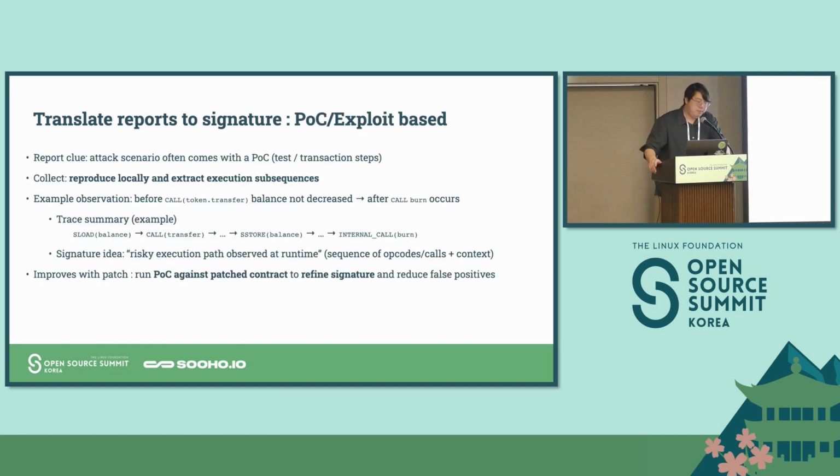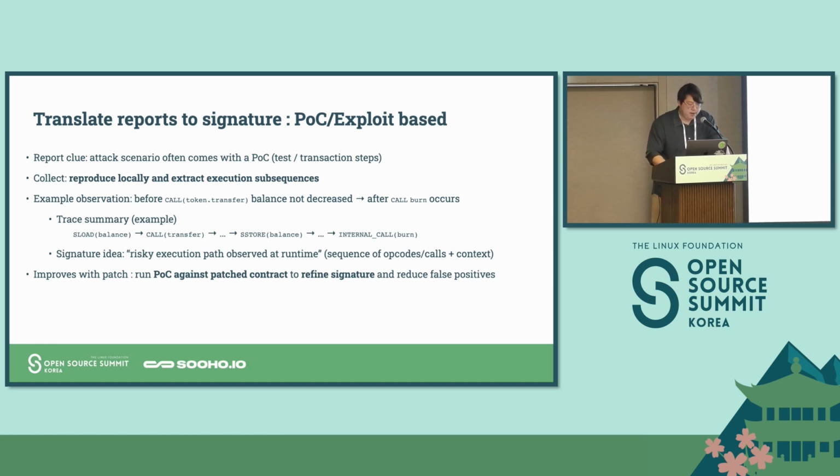Sometimes an audit report includes proofs of concept or step-by-step attack transactions. In those cases, we simply run the POC once on our local node, or on a private fork, and record the execution trace. From the trace, we extract a short sequence of executed bytecode that represents the risky path, essentially the part of the code that actually caused the issue.